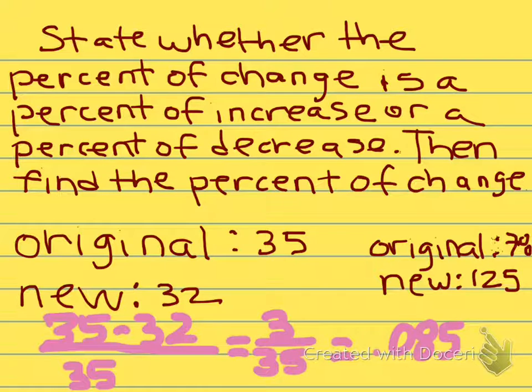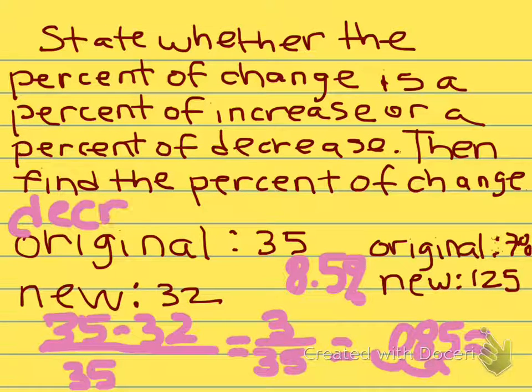And I'm going to have to move the decimal place 2 spots to the right to get about 8.5%. And this is going to be a percent decrease because we went originally from 35 down 3 to get to 32 for our new value. So it's an 8.5% decrease.